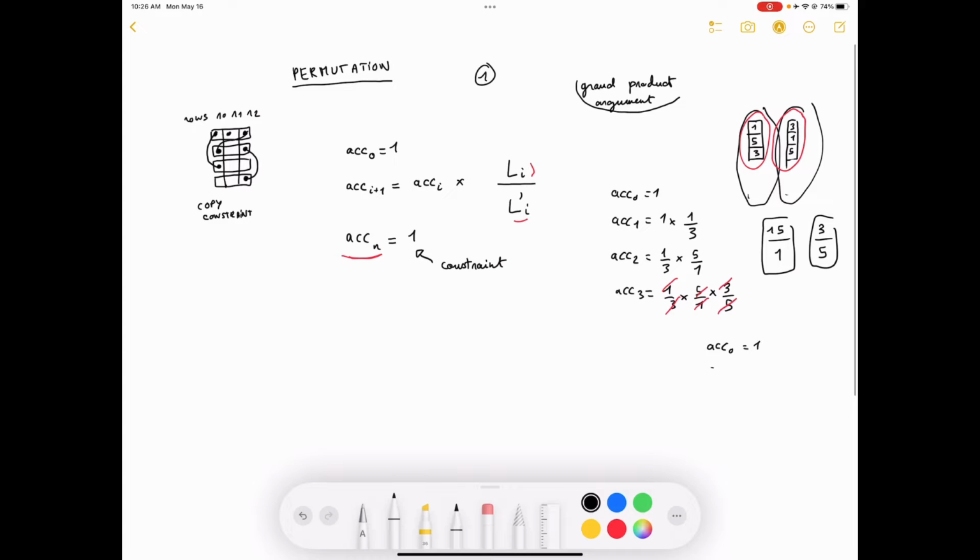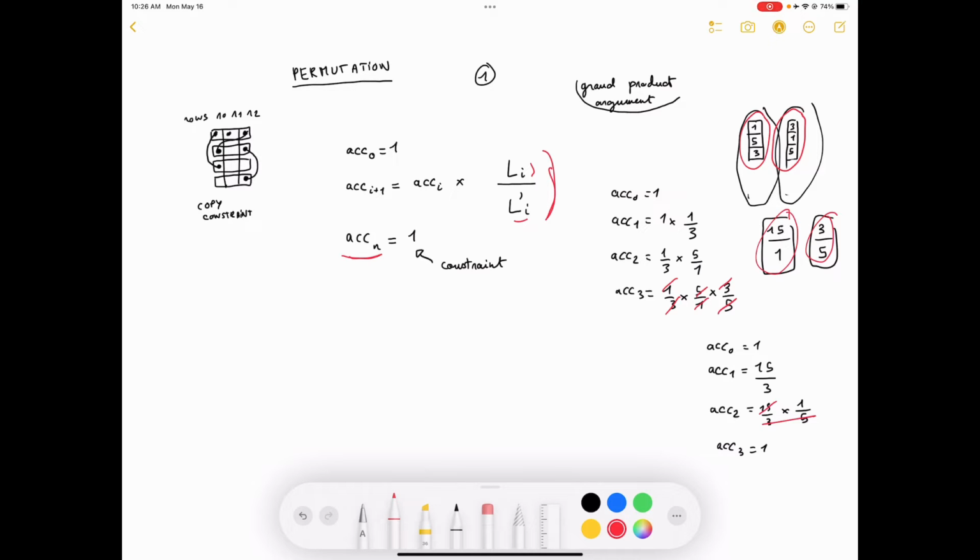AC0 equals 1, AC1 equals 15 over 3, and AC2 equals 15 over 3 times 1 over 5. Okay, and these things are going to cancel out, right? So AC3 is actually going to be equal to 1. So I found one example where this doesn't work, and my argument there doesn't work.